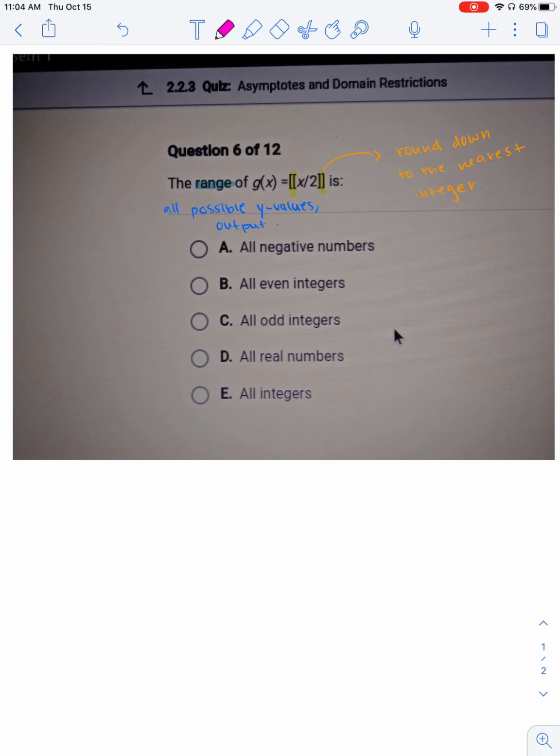So here, given our g of x is like this, so whatever I put into x here, I want to figure out what is my y, my g of x. So because I have these greatest integer bars, it'll always round down to the nearest integer.